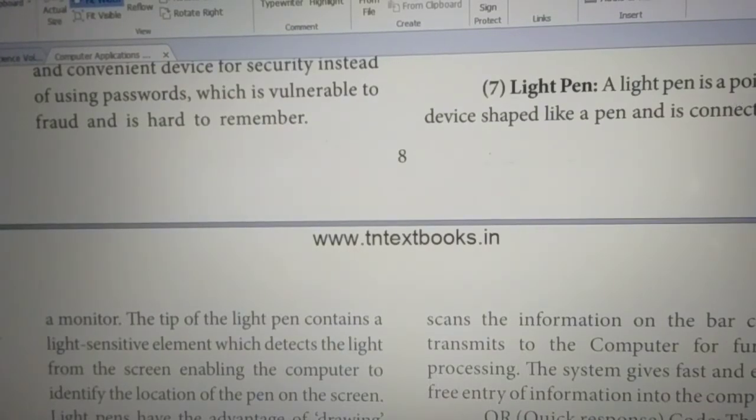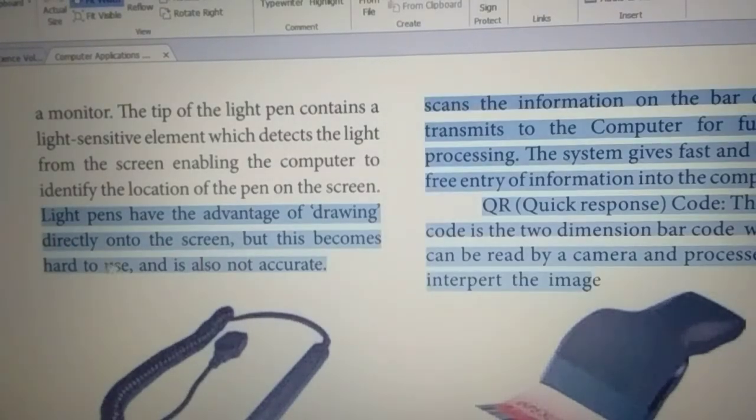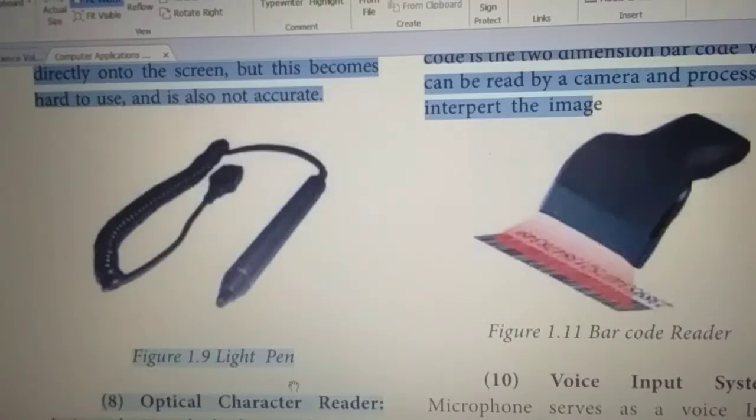A light pen is a pointing device shaped like a pen and connected to the monitor. The tip of the light pen contains a light-sensitive element which detects light from the screen, enabling the computer to identify the location of the pen on the screen. The light pen is advantageous for drawing directly on the screen, but it becomes hard to use and is also not accurate.